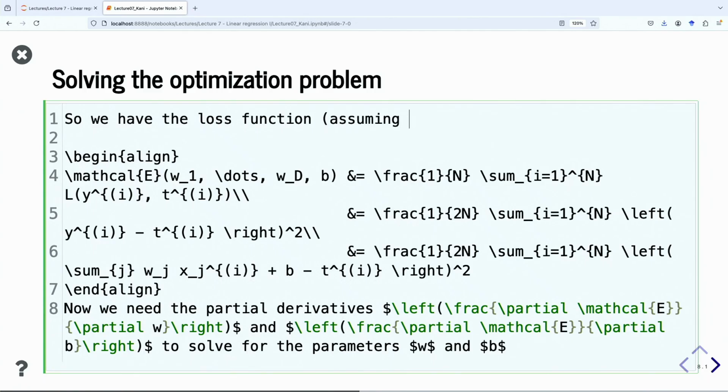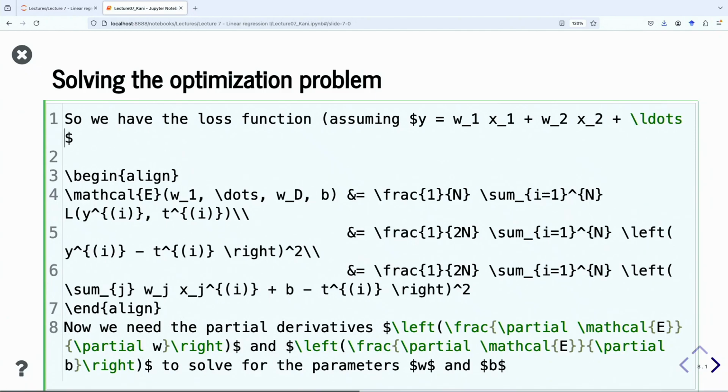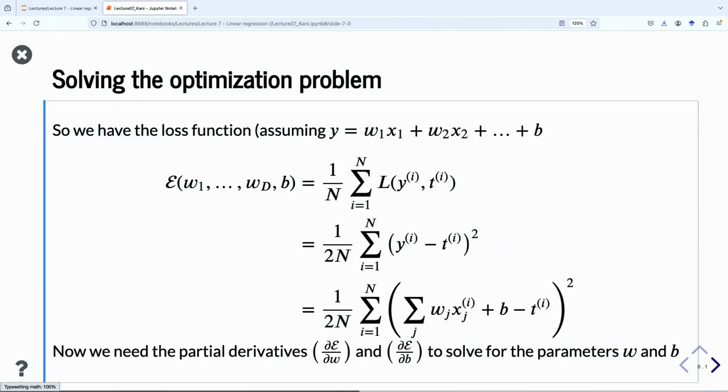Assuming y is equal to w1 x1 plus w2 x2 plus dots plus b, in multi-dimensional linear regression, we have this particular loss function.